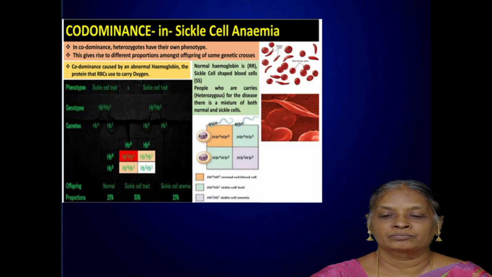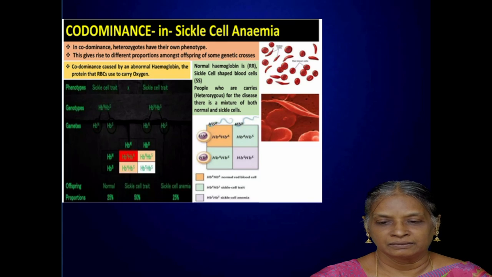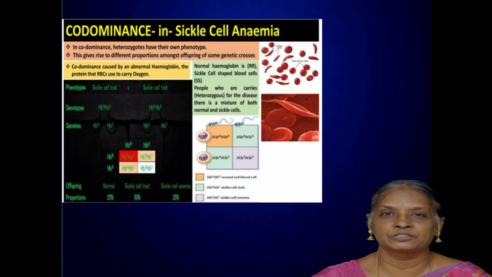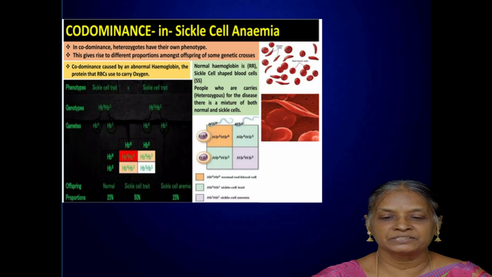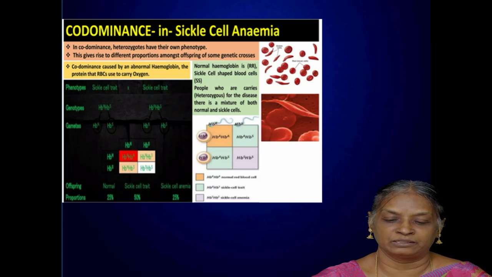But when a person has sickle cell anemia, his RBCs are sickle shaped, that is, half moon shaped. When it is half moon shaped, it cannot carry out the oxygen carrying function very effectively. It cannot transport oxygen. So that is the condition called sickle cell anemia.